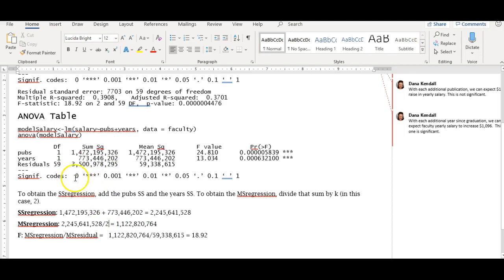So let's work through this. So for the SS regression, again, adding the pub's SS and the year's SS, and that will give us the regression. So I'm repeating myself, my apologies. So I do that down here. Add it up, and this is salary, so these are huge numbers. It's kind of clunky to keep adding.